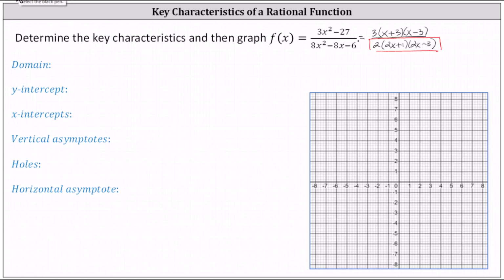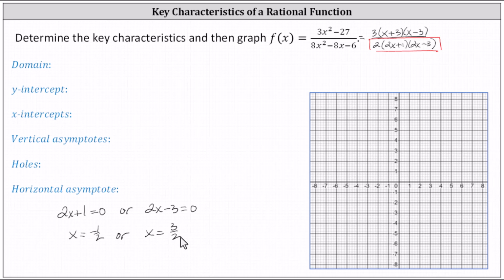The denominator equals 0 when 2x plus 1 equals 0, or when 2x minus 3 equals 0. Solving for x, in the first equation we subtract 1 and divide by 2, giving us x equals negative 1/2. For the second equation we add 3 and divide by 2, which gives us x equals 3/2.